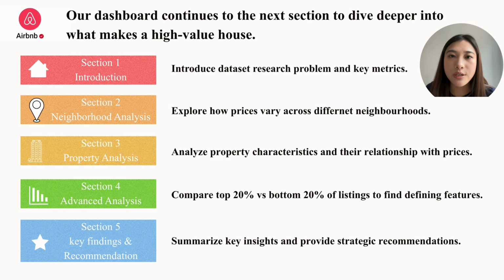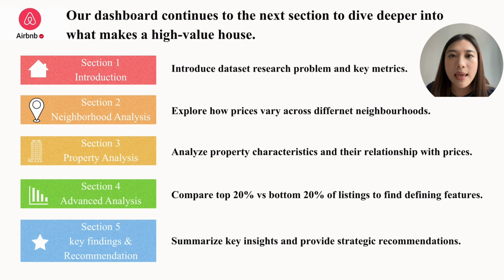Before building the dashboard, we first planned the overall structure. Instead of placing all charts on one page, we designed the dashboard as a storytelling journey. Section 1 introduced the data side, the research problem, and several key indicators. Section 2 focused on neighborhood analysis to understand how location affects prices.